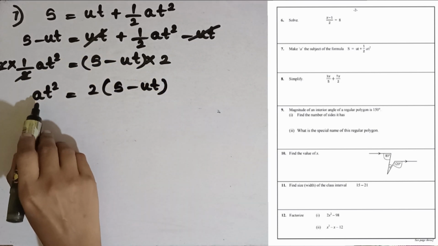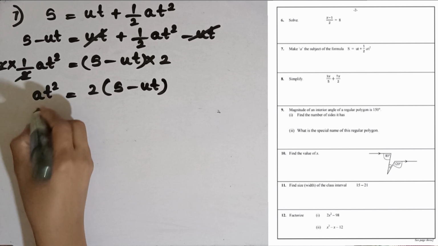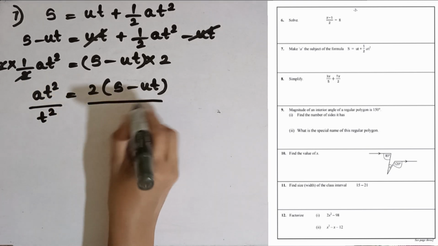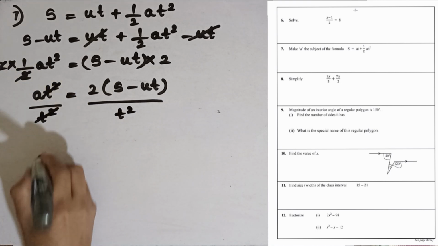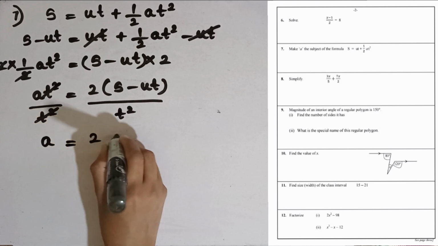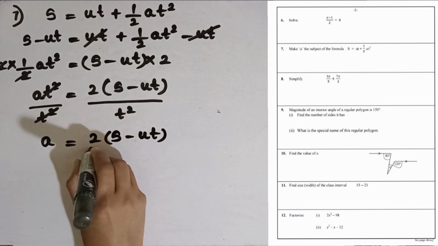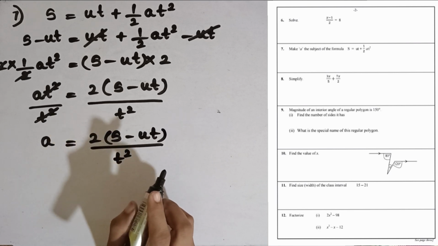Now to remove this t squared, we can divide both sides by t squared. t squared to t squared, we can remove that. a is remaining now. a equal to 2 times (s minus ut) over t squared. That is the answer.